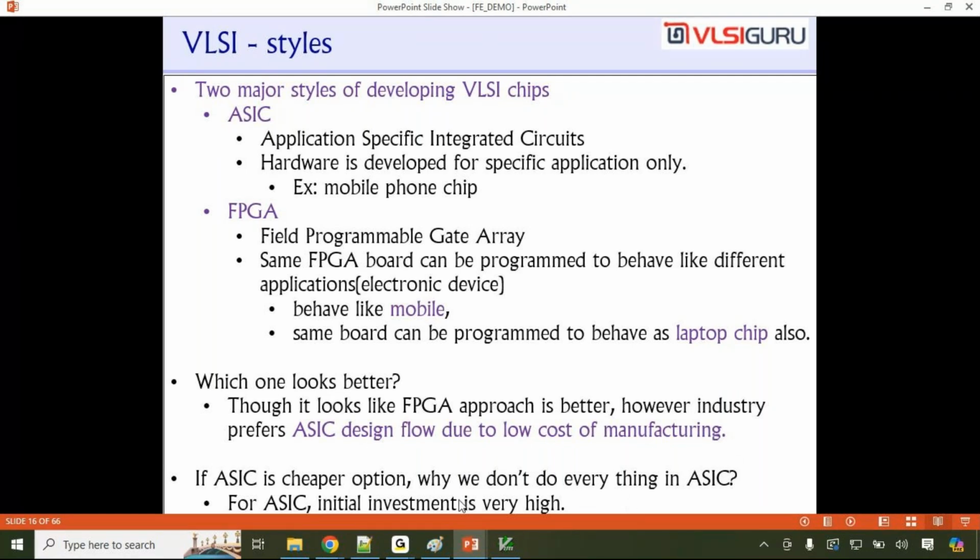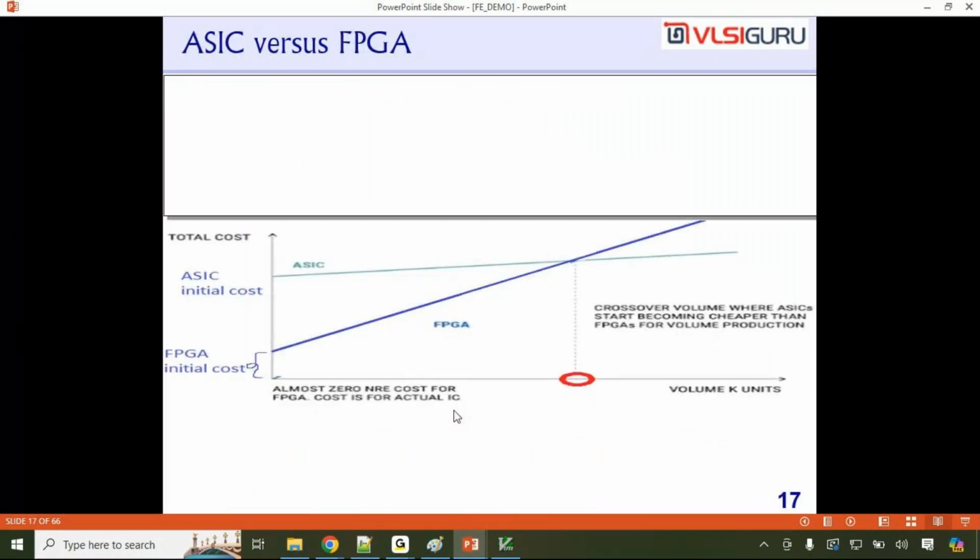The problem with ASIC is that the initial investment is very high. Let's try to understand the difference between ASIC and FPGA through cost. The cost of the ASIC design flow requires multiple millions of dollars. Since we need to start from scratch, you don't have anything. Let's say I set up a company, my expense will start from coming up with the design idea, hiring the right set of people to work on it.